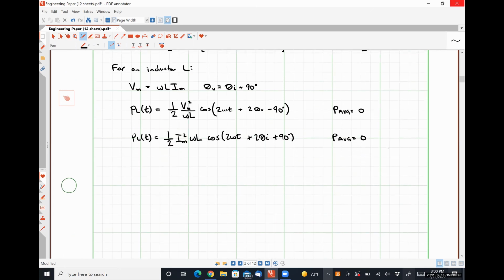Finally, for a capacitor, we know that Im is equal to omega C multiplied by Vm. And we know that theta I is equal to theta V plus 90 degrees.